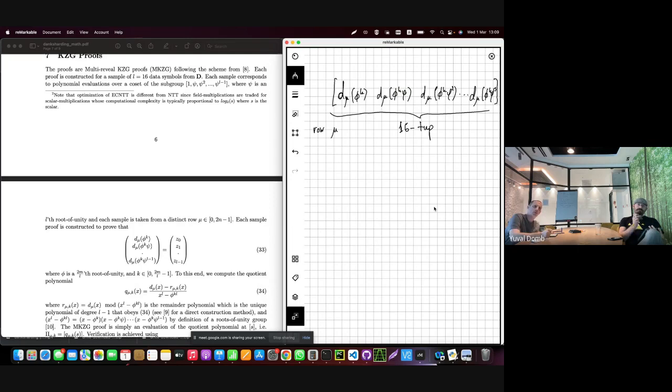Okay, so if we look at phi and psi, I think, what do we see? We see that phi is a 2m divided by L root of unity. So 2m is 8k, divided by L, which is 16, so we get to a 512 root of unity.